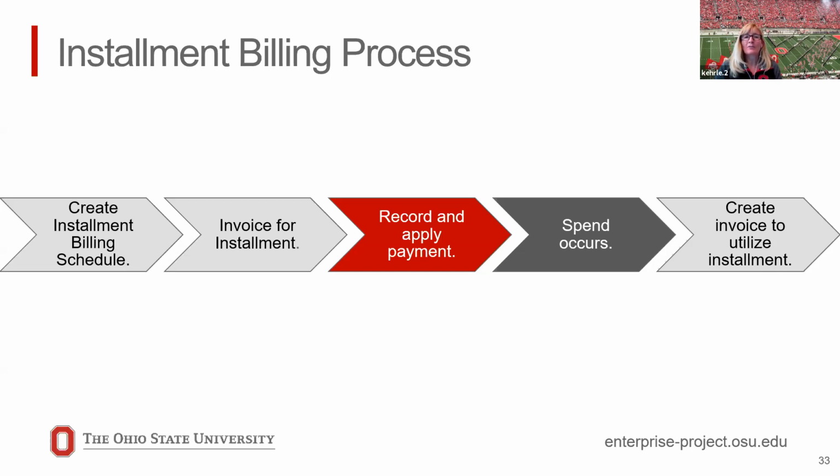We did have three different types of installment billing that fiscal services will be responsible for doing and entering, based off of how the amounts were being generated. We referred in our training to the custom process, and that's probably going to be the most popular one to use in the future.